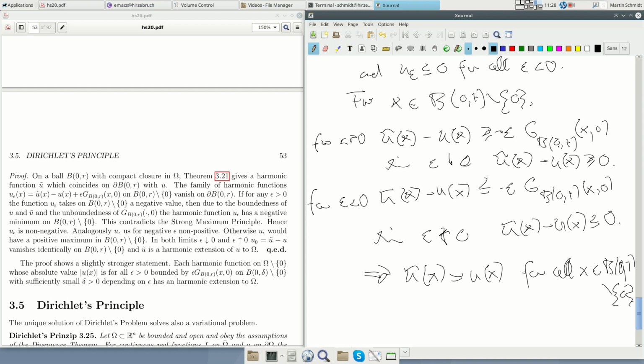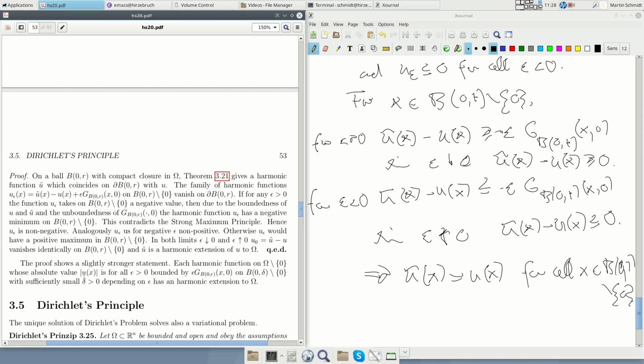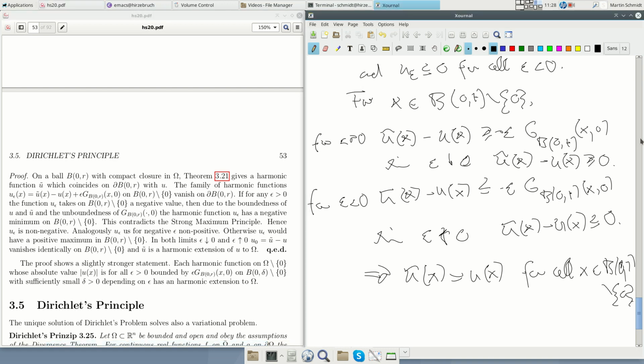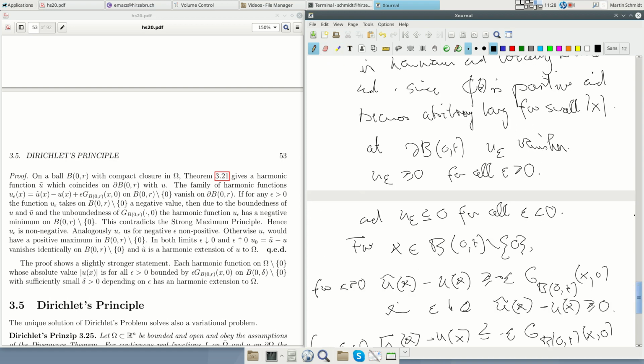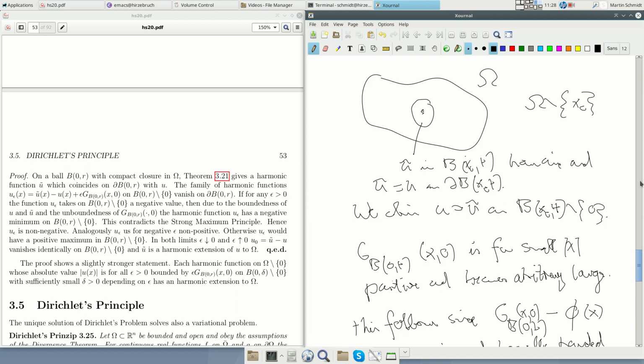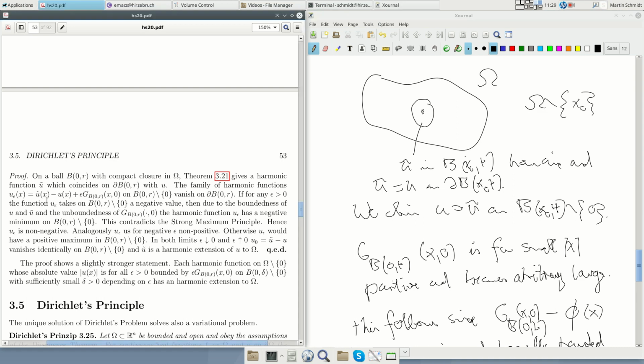If we look carefully at the proof, we see we proved a stronger statement. The only thing which we need is that if we approach 0, if we have a negative value and then go to 0, this function u epsilon becomes in any case positive.